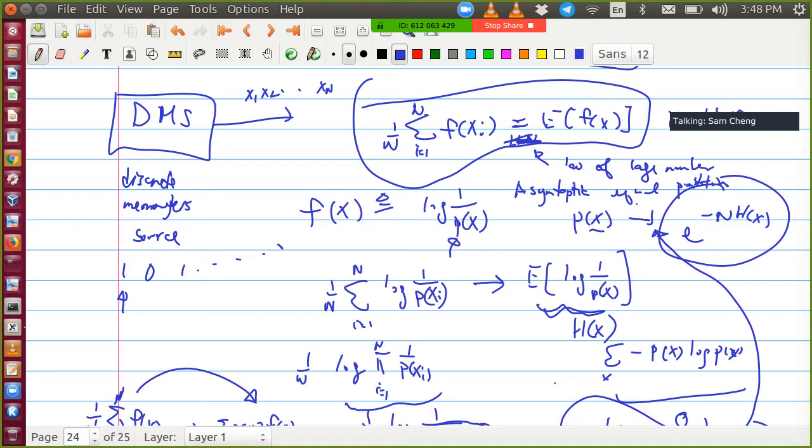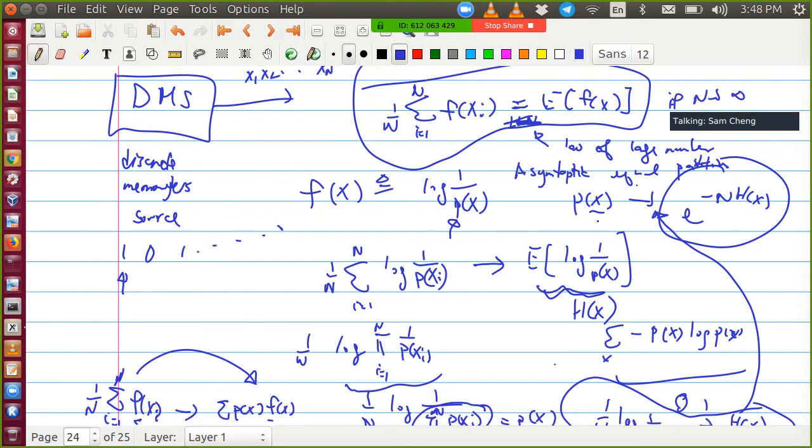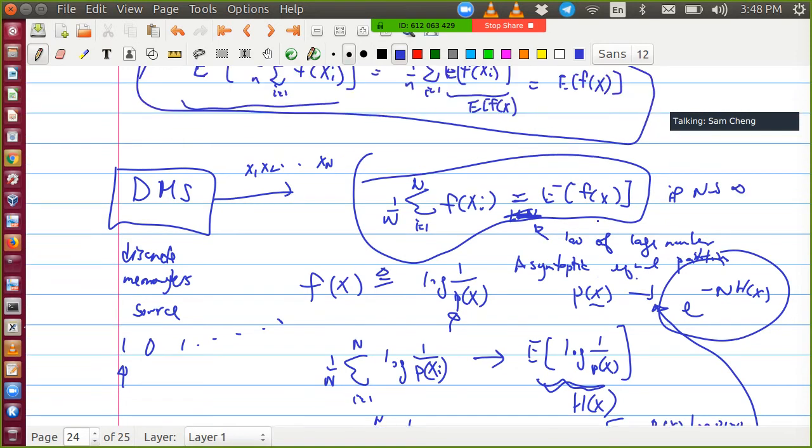So it's equipartition, right? Because if you think of the probability space of all the sequences drawn from this source, for example, this is the probability space.